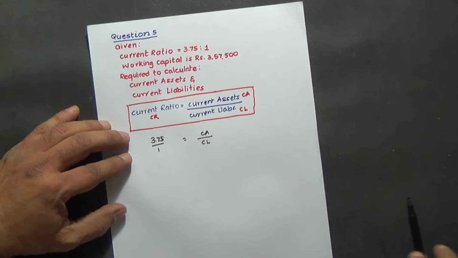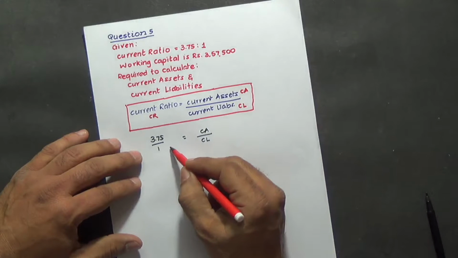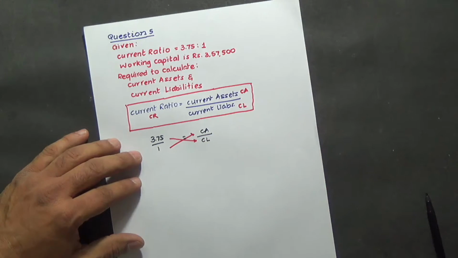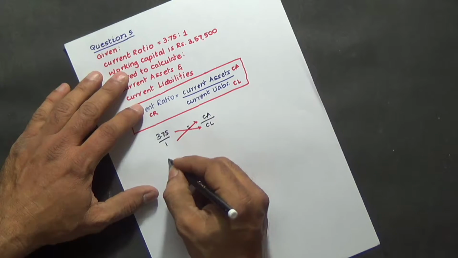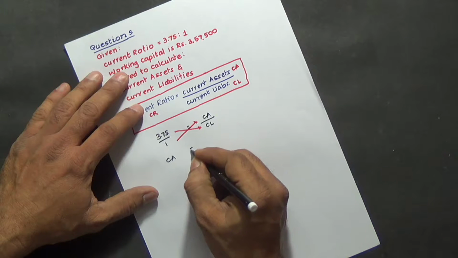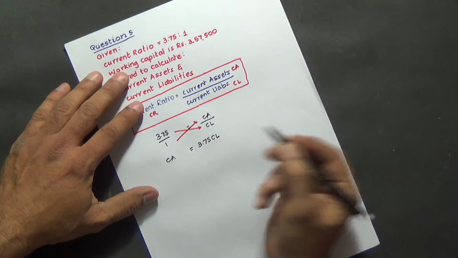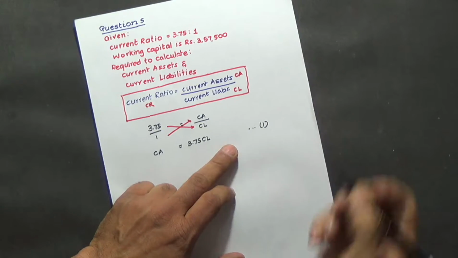If we cross multiply, we get 1 into current assets is equal to 3.75 into current liability. 1 into anything is the same thing, so current assets is equal to 3.75 CL. Let us call this equation 1.